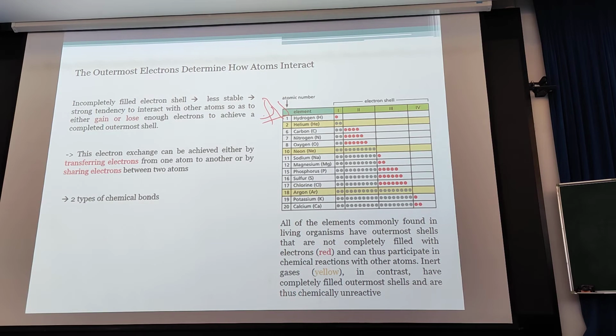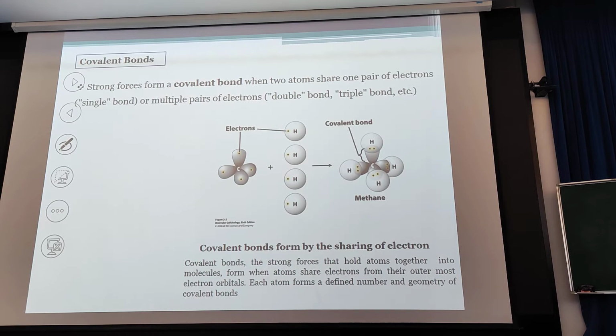If two atoms share electrons, we have covalent bonds, and when one gives and one gains electrons, we have an ionic bond. So if two atoms share one pair of electrons, we have a covalent bond, and we will discover these types of bonds in the next slide.